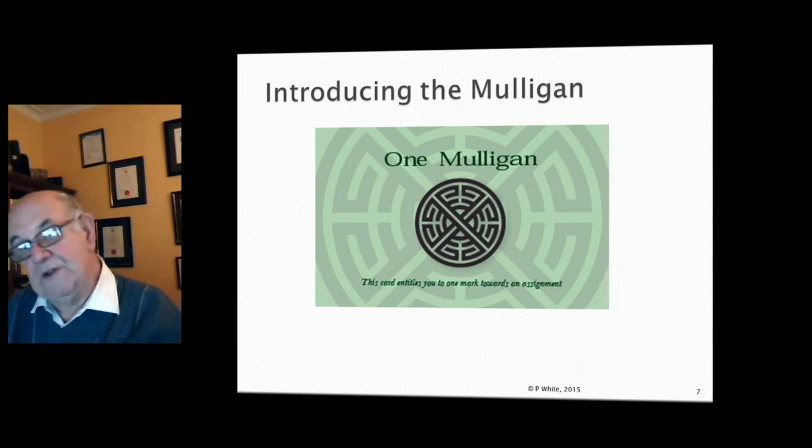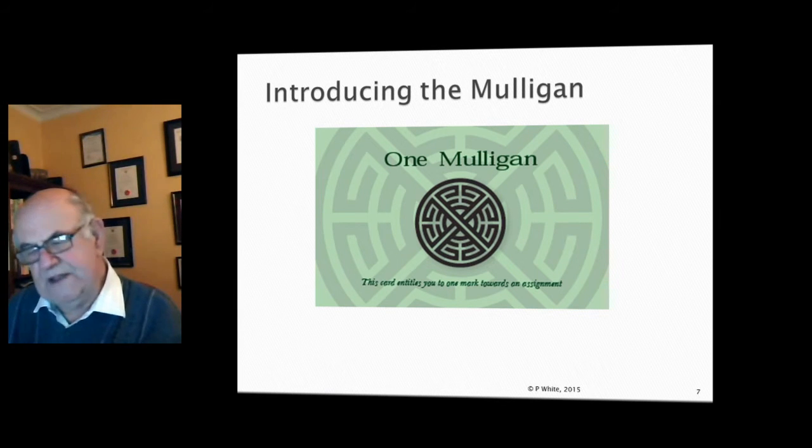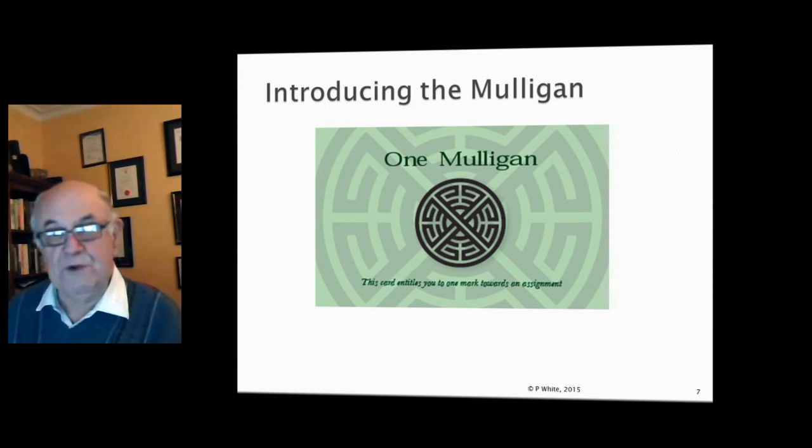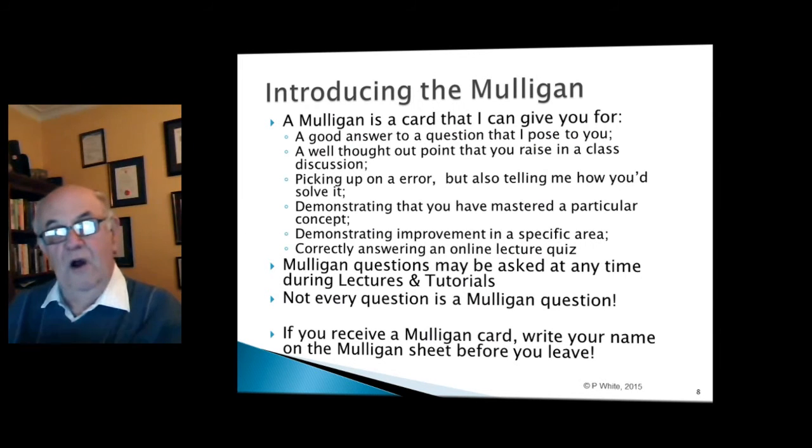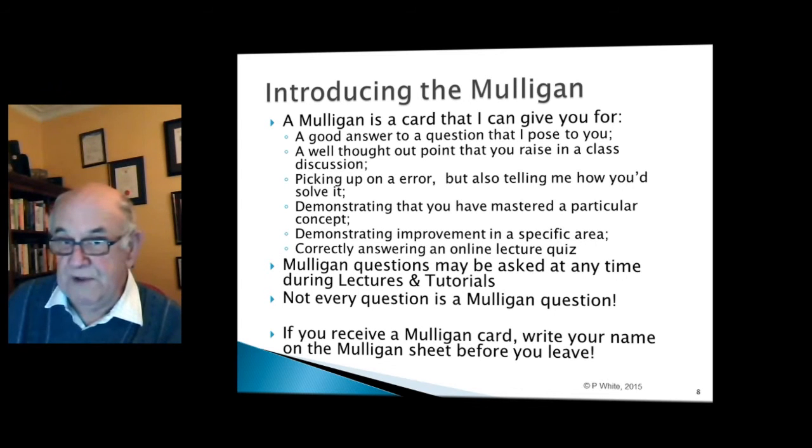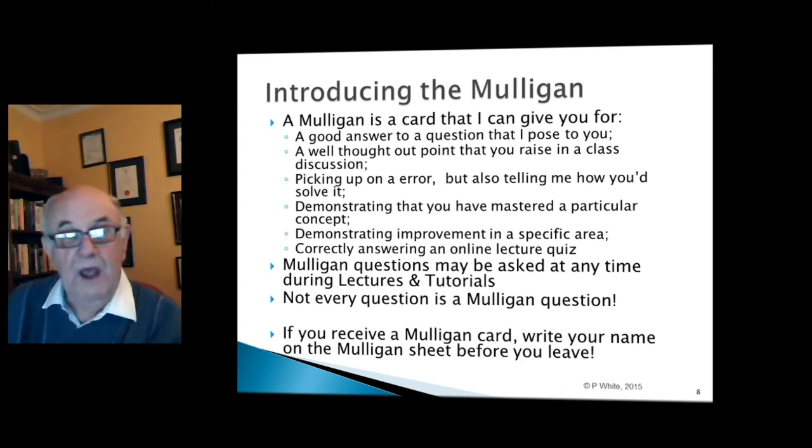Now, I use a concept called the mulligan. The mulligan basically entitles you, if you get one of these cards, to 1 mark towards an assignment. So what I will give you a mulligan for is if you can give me a good answer to a question I might pose to you in class or in a tutorial.